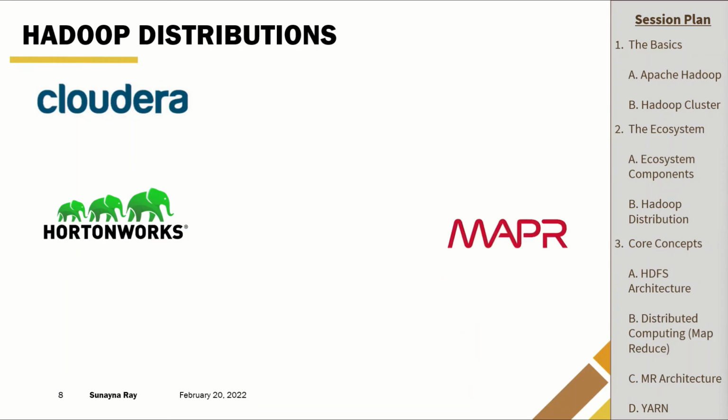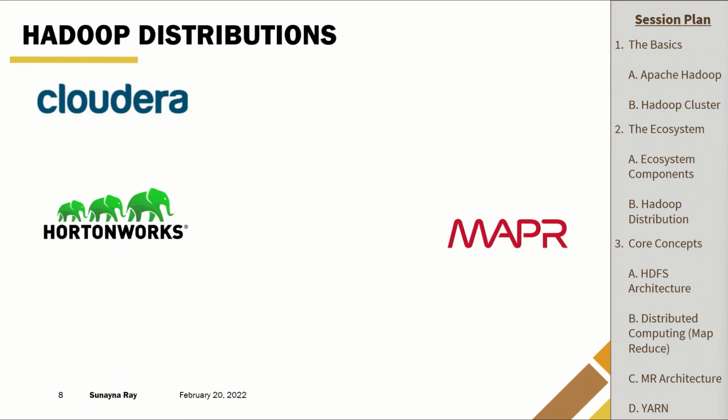Next was MapR. So MapR is not actually based on Apache Hadoop. It is completely proprietary and it is written in C rather than Java. It is integrated to use open source tools like Hive and HBase, but it is basically selected by AWS to provide as an upgraded version of the Amazon's EMR service, which is the Elastic MapReduce service.